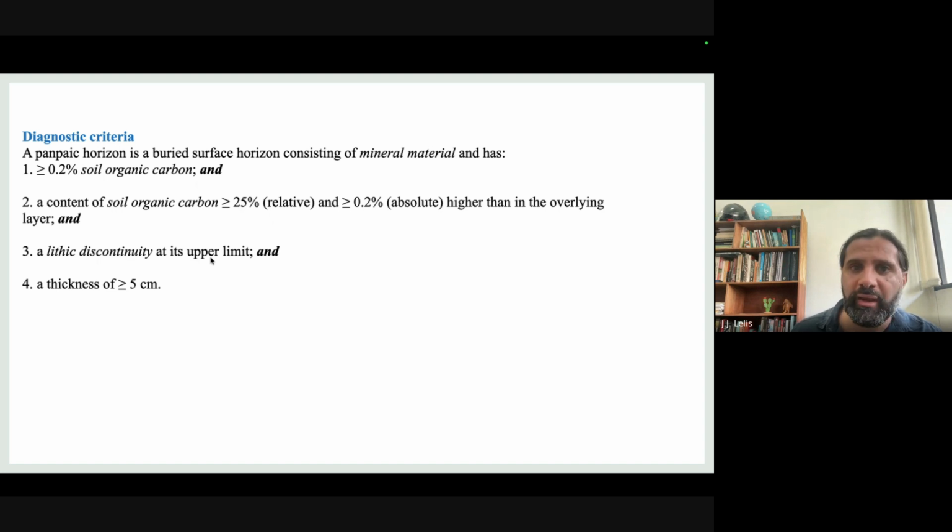We can calculate some ratios between coarse and fine sand, coarse and medium sand, silt and clay, and some descriptions of rounded and non-rounded gravels in the soil profile that could express some migration, some transport of material. And the last criterion is that this Pompeiic horizon should register a thickness of at least 5 centimeters.